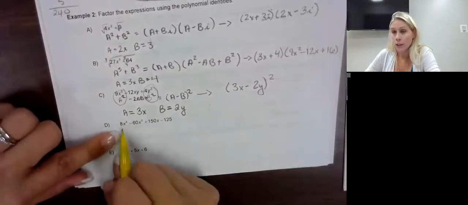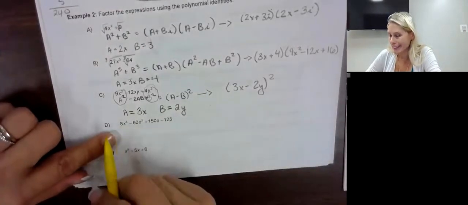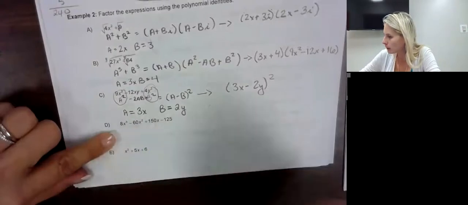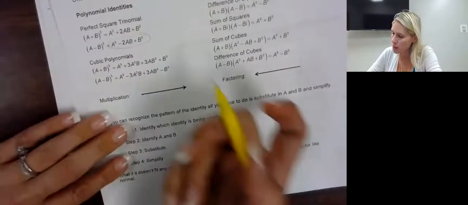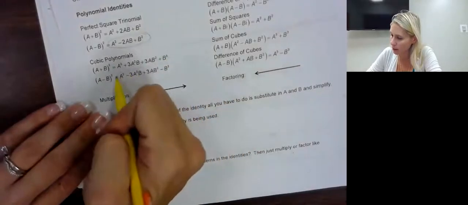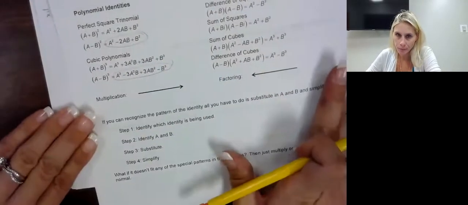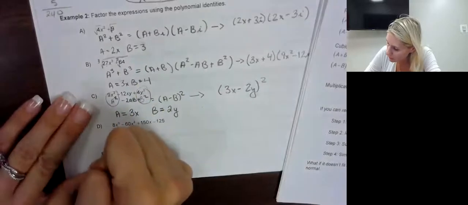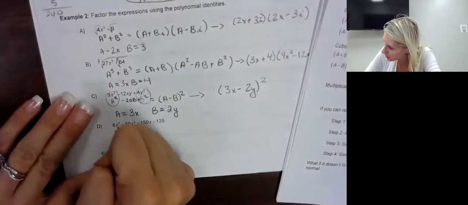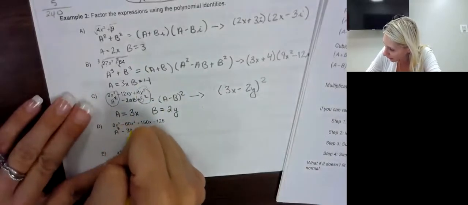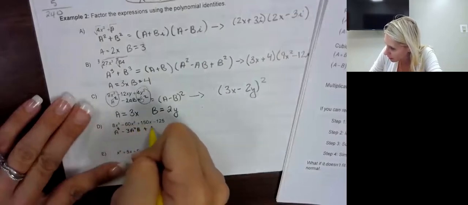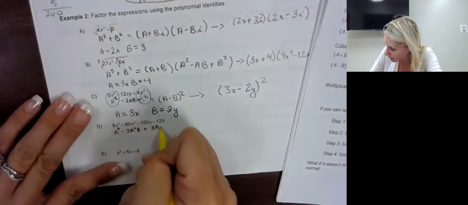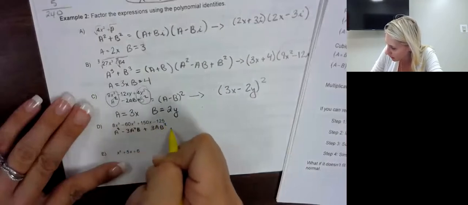Okay, first, remember, we're looking at the right side. So I'm looking for 4 terms. And as you can see, the signs go back and forth. So right here, the 4 terms going back and forth is right here. So this is in the form A cubed minus 3A squared B plus 3AB squared minus B cubed.